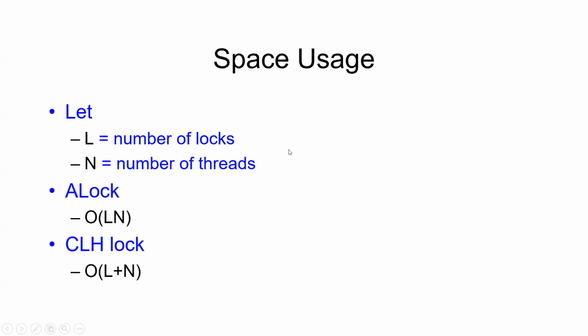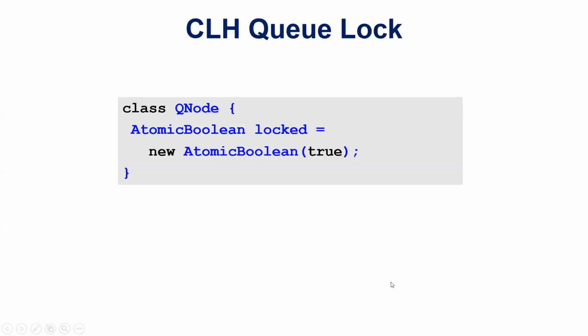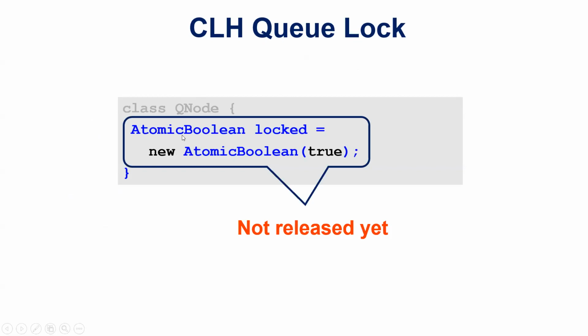Right. Now, how to create that particular node? We are creating the node by using an atomic Boolean variable. So the locked field is an atomic Boolean. Initially we initialize it with true, indicating that it is not released.